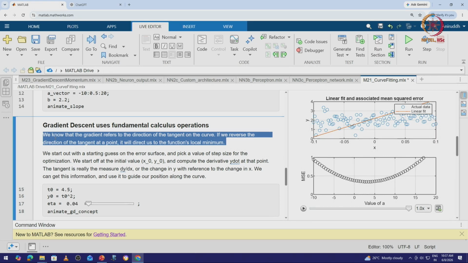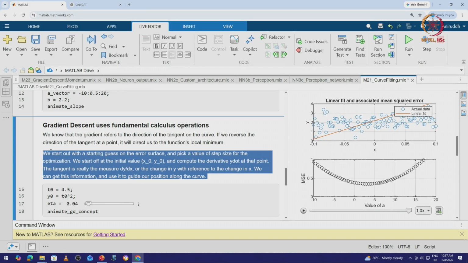If we reverse the direction of the tangent at a point, it gives us a direction which is towards the function's local minimum, right. And essentially the later part is just the algorithm that we know. So we randomly initialize the weights, calculate the reverse direction of the gradient, essentially minus eta delta w, and then since we have this derivative, we update the weights.